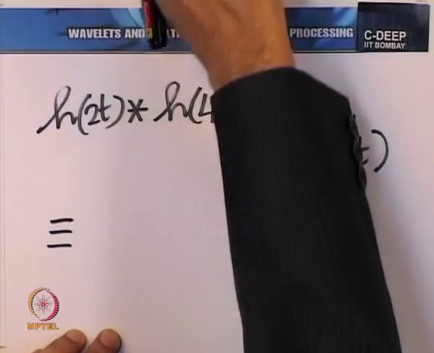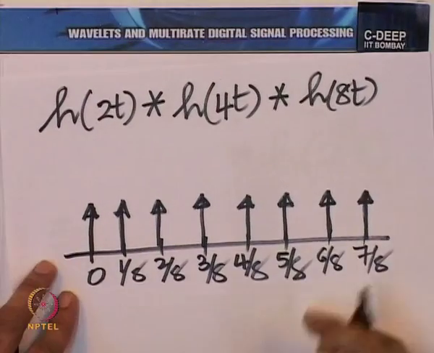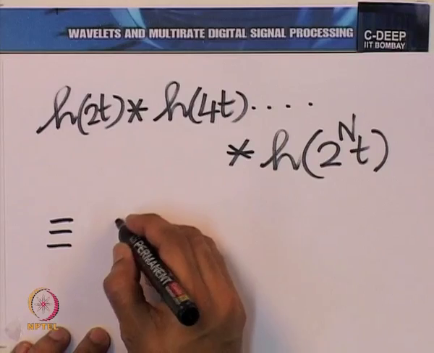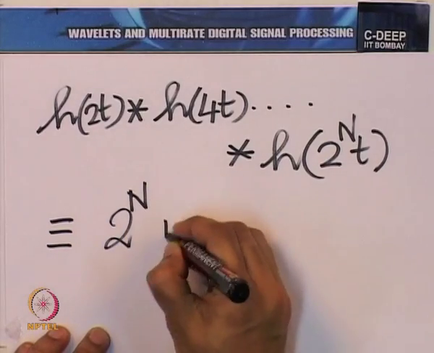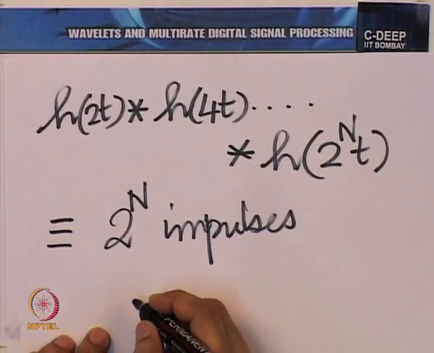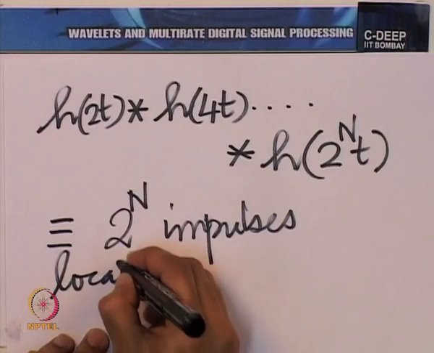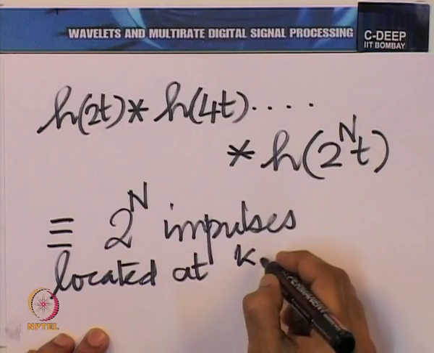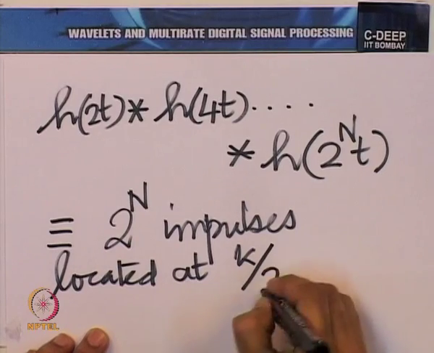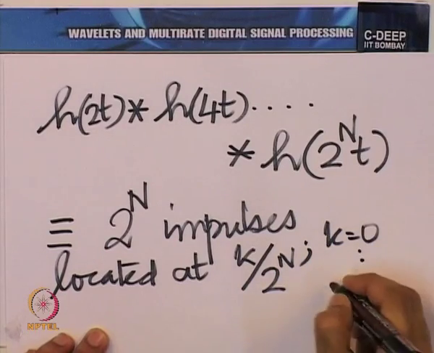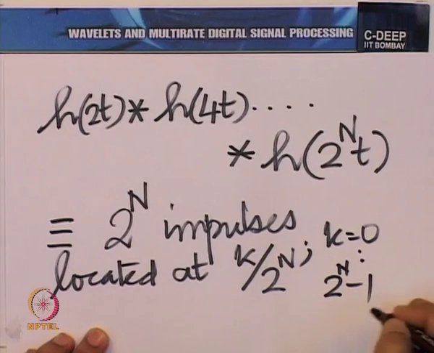You see, when you reached h of 8 t, you have 8 impulses. So, when you reach h 2 raised to the power of n t, you have 2 raised to the power n impulses located at k divided by 2 raised to the power of n, k going from 0 to 2 raised to the power n minus 1.